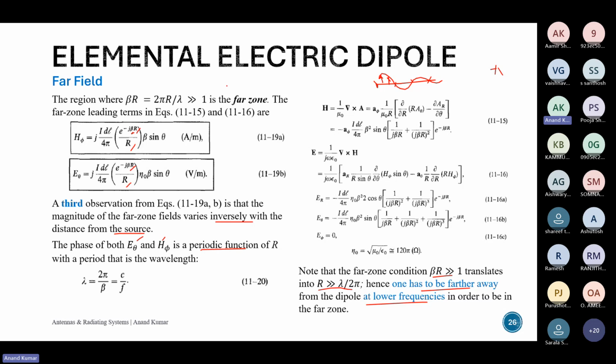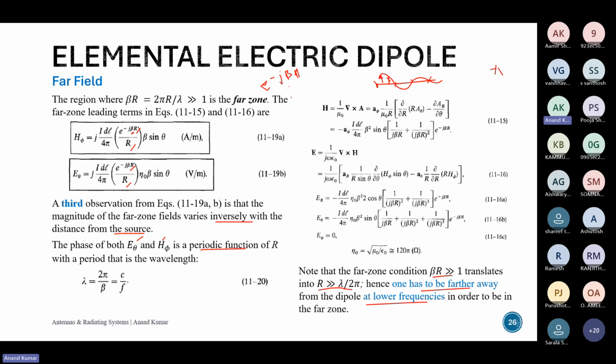Okay. Sorry, Ramesh. It just clicked. So essentially, the term over here, e power minus j beta r, for values greater than this. If this is greater than 1, so this particular value will always be positive, right?